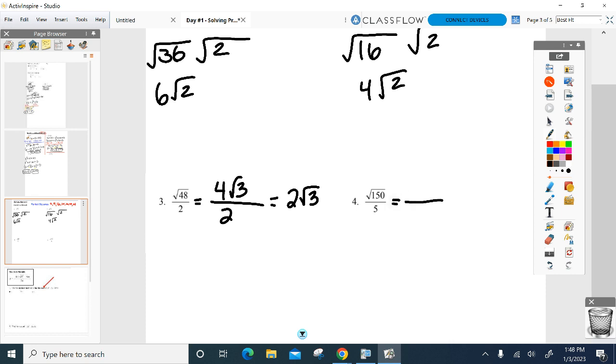Go ahead. Biggest perfect square that goes into 150.